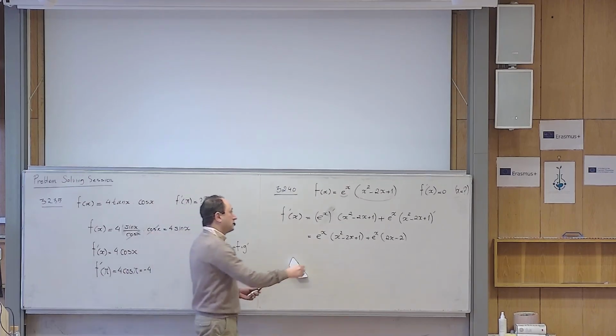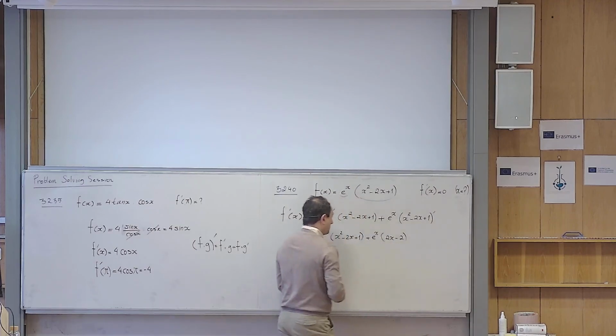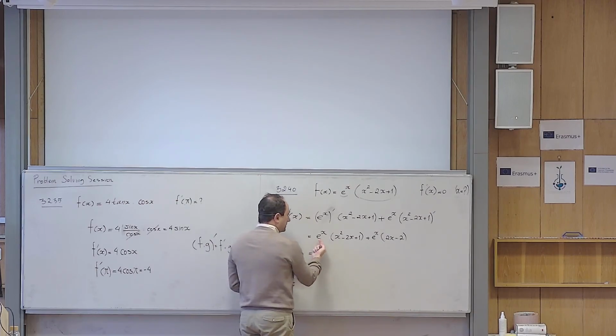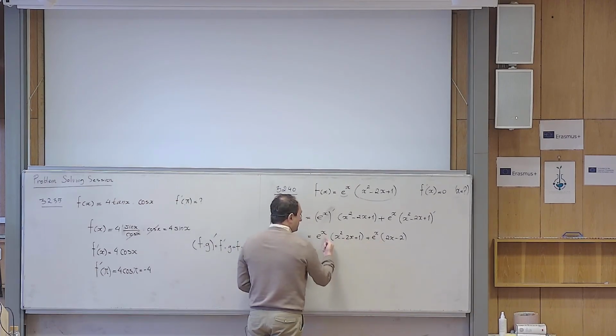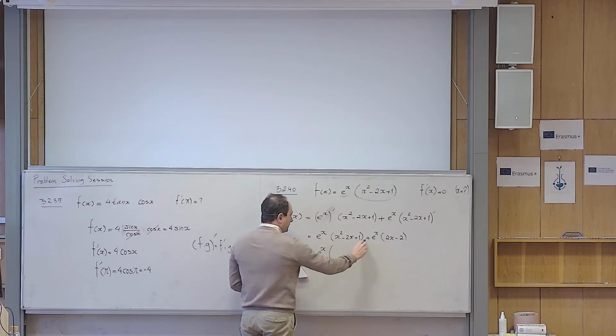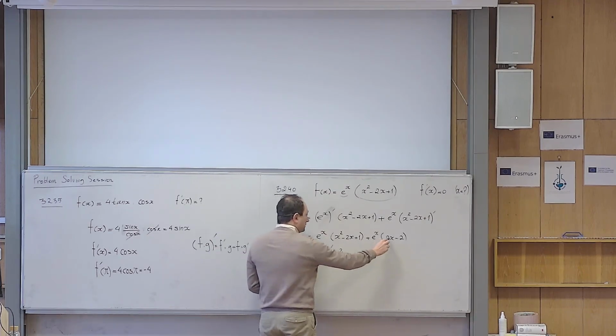But because I want to continue and solve this equation, I recommend you to simplify it as much as you can. How can I simplify this? Because I can see that between this and that, e to the x is in common, so I factor it out. Then from the first one, this is left, and from the second one, this is left.